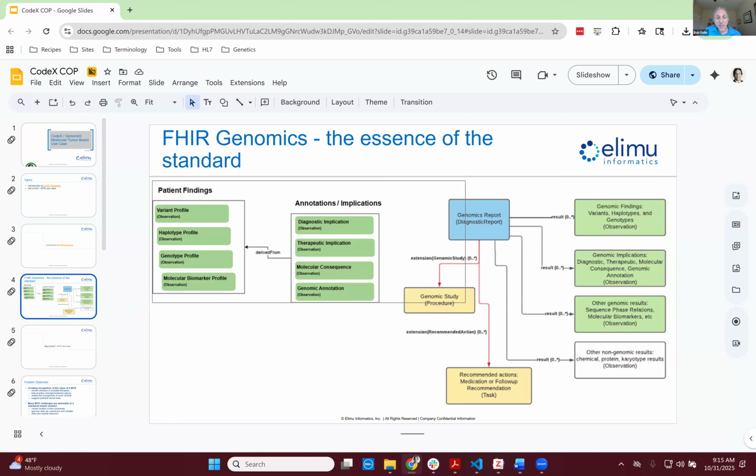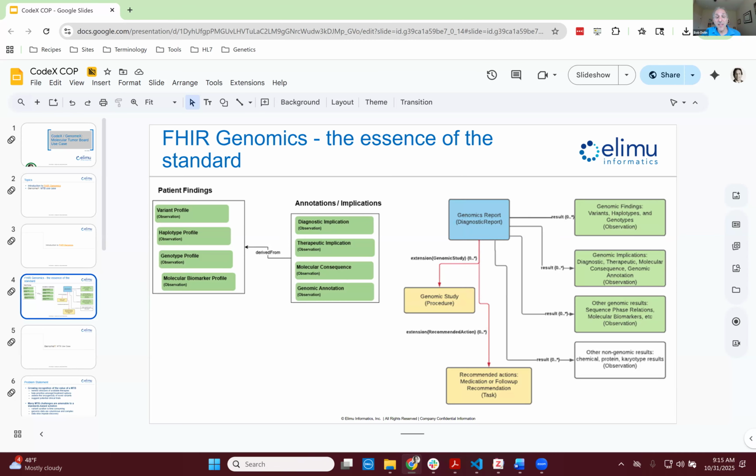At the crux of a somatic report that's communicated in FHIR, we have FHIR profiles for communicating variants, haplotypes, genotypes or diplotypes, and molecular biomarkers. And then we also have profiles for the various types of annotations or implications of those patient findings.